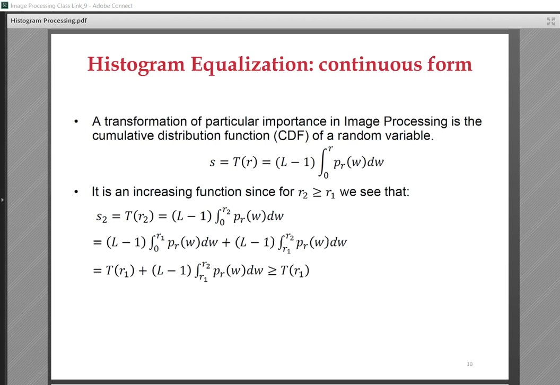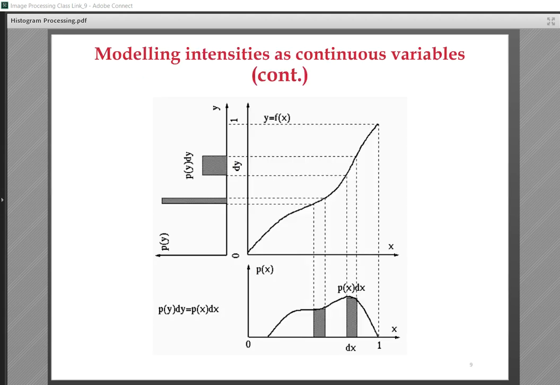CDF is an increasing function since for R2 bigger than R1, we see that S2 is T(R2), or (L-1) times the integral from 0 to R2 of p_r(w) dw, or from 0 to R1 plus from R1 to R2.